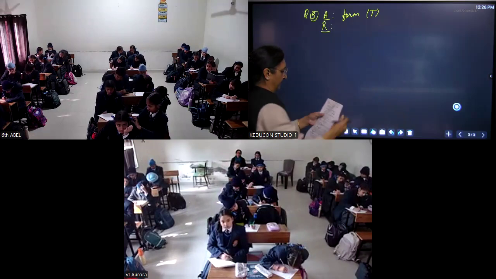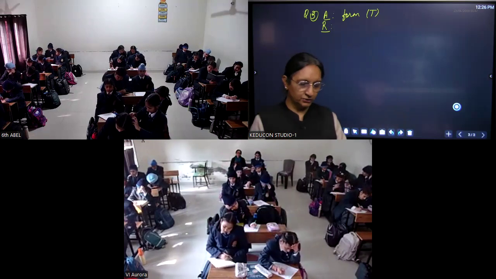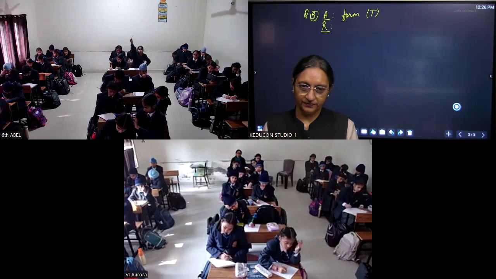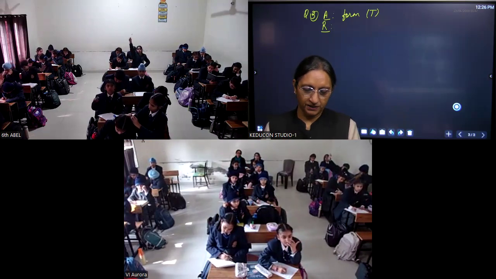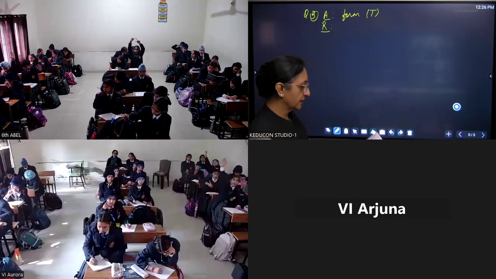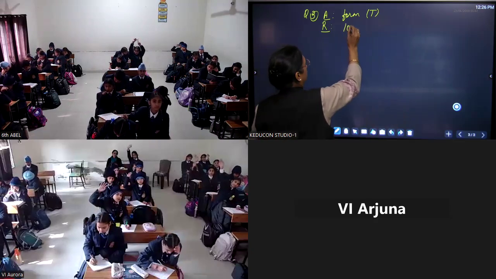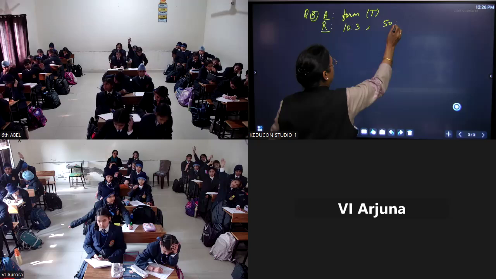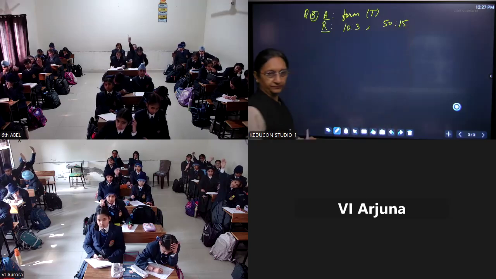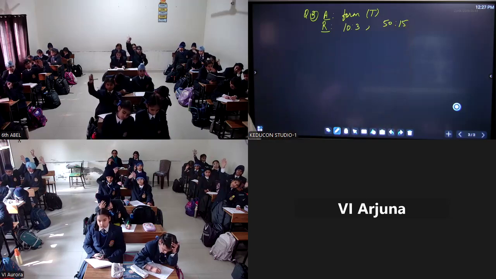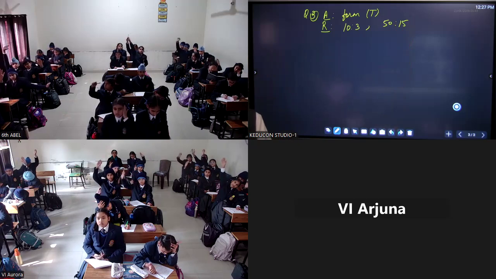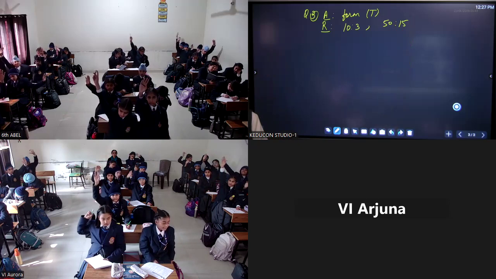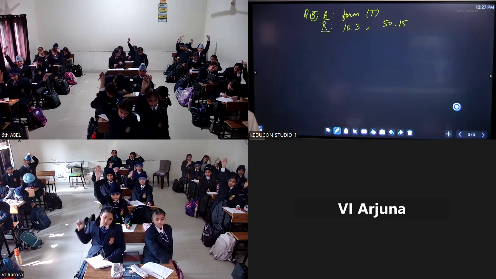Reason is the equivalent ratio of 10 ratio 3 is 50 ratio 15. Are they equal? 10 ratio 3 is equal to 50 ratio 15. Please check it. Is it true? Who say true?